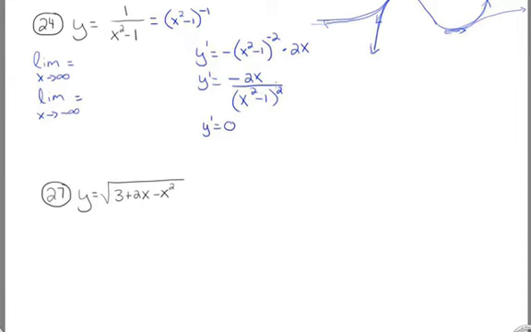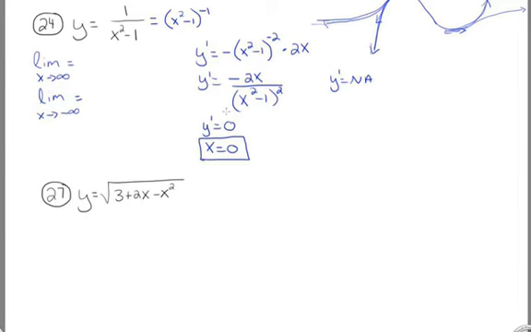Again, it's a fraction, so it's going to be 0 only when the numerator is 0, which hopefully is obvious to you. That would only be at x equals 0. And then when is the function going to be undefined? That is going to be when the denominator equals 0.